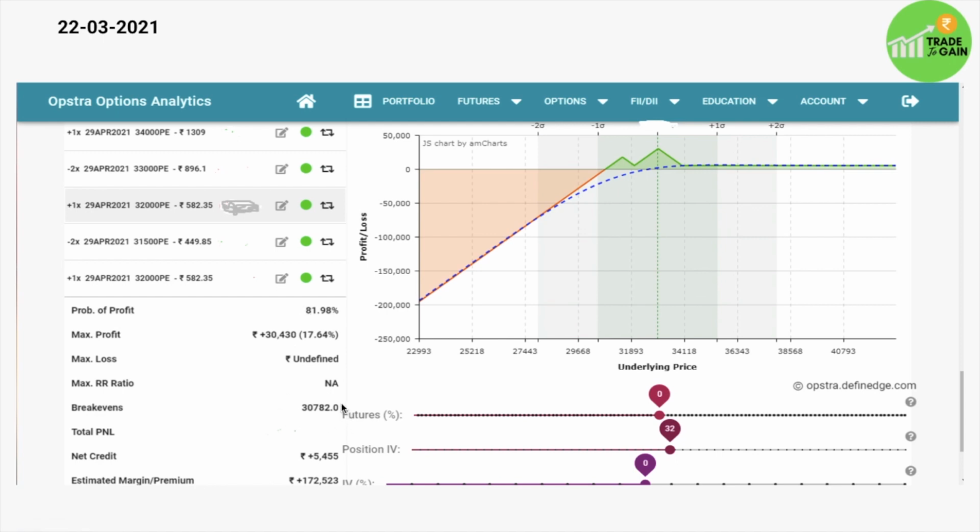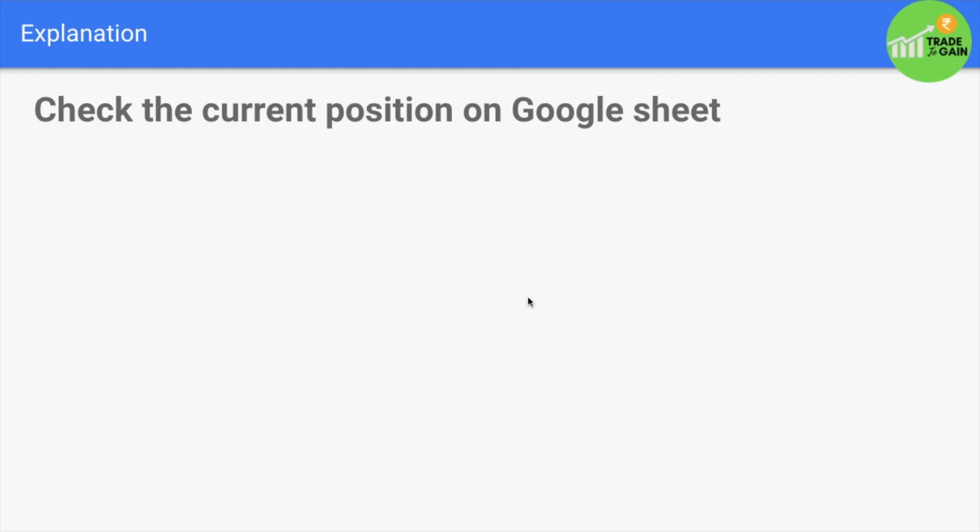Second, we shift our break-even point to 30,782, which is 3,000 points from our spot. And by creating this ratio spread, our net debit strategy is now a net credit strategy of 5,455 rupees, and our upside risk is 0. For better explanation, check the current position on a Google sheet.